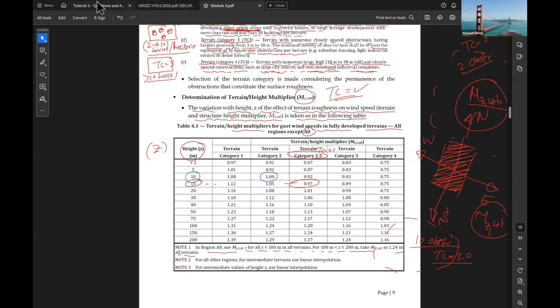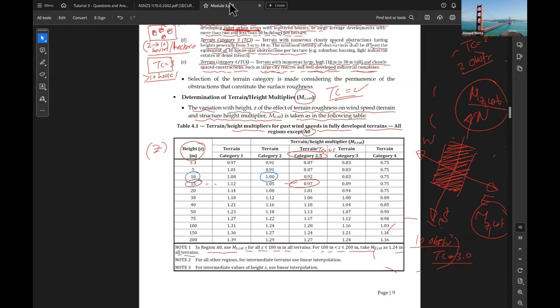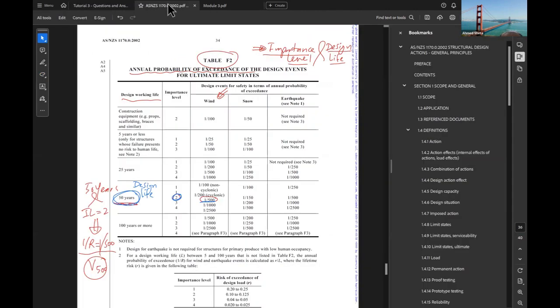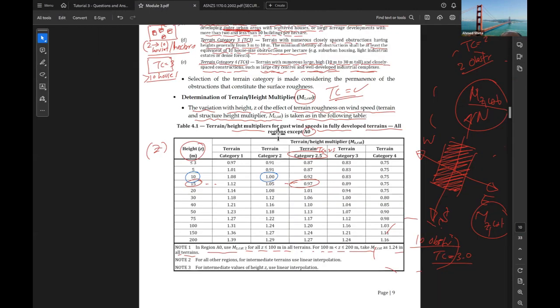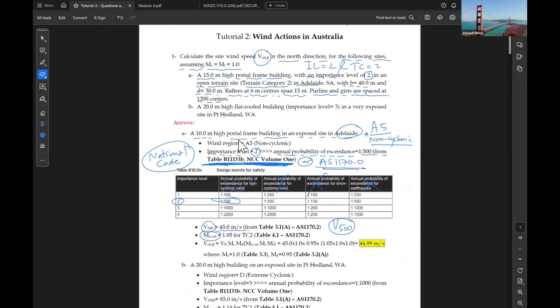Let's have a look. Oh, sorry, the height is 15.